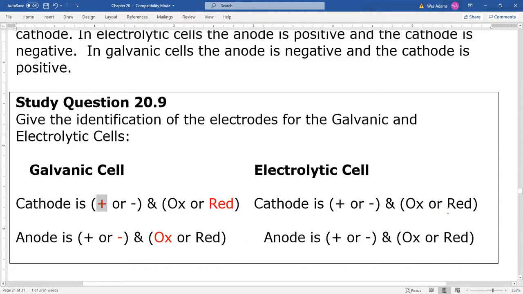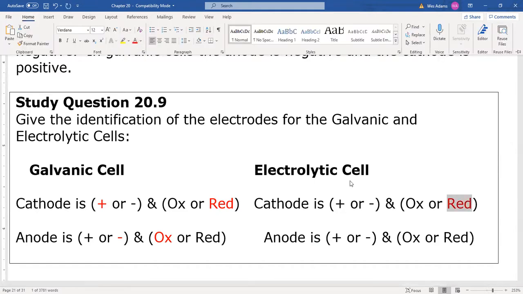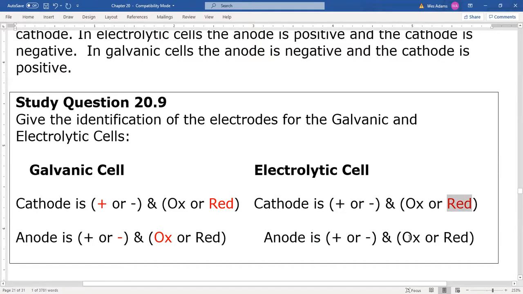Now, what we said for the electrolytic cell was that the reduction oxidation part does not change. The cathode is still going to be reduction, where the anode is still oxidation. But the difference is the signs on the electrodes are reversed. And you want to keep that in mind going forward.